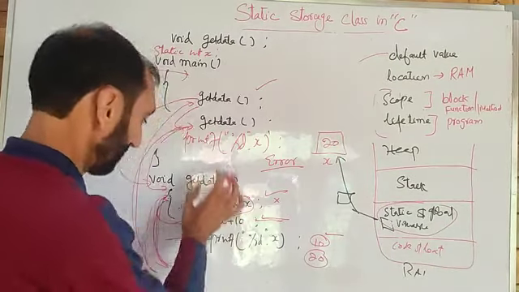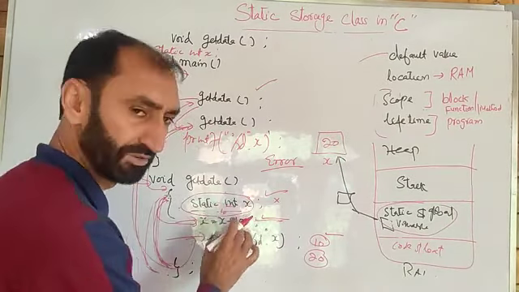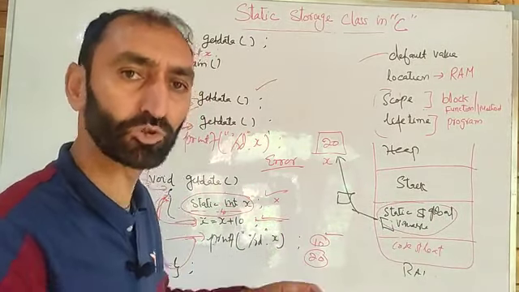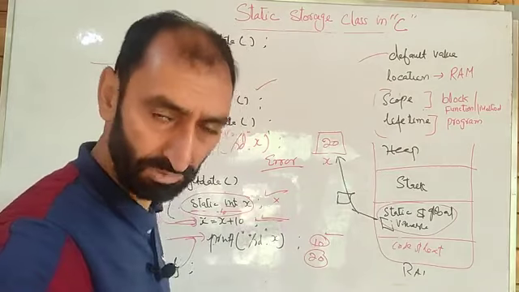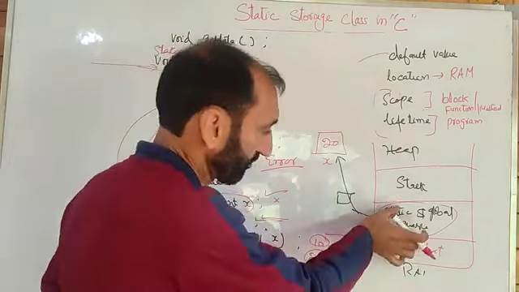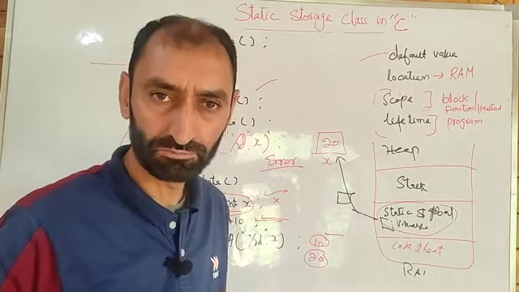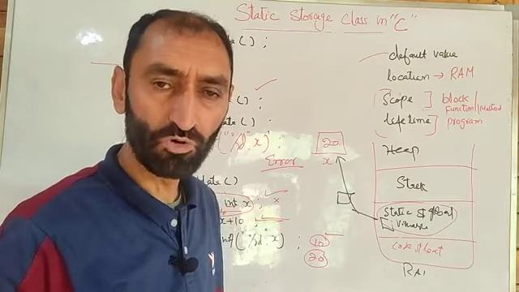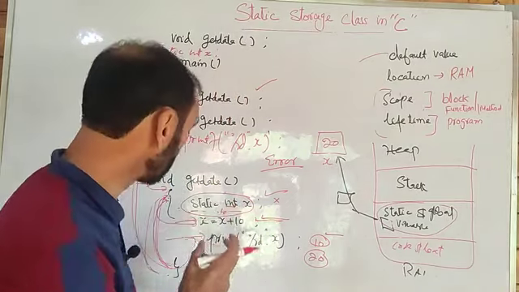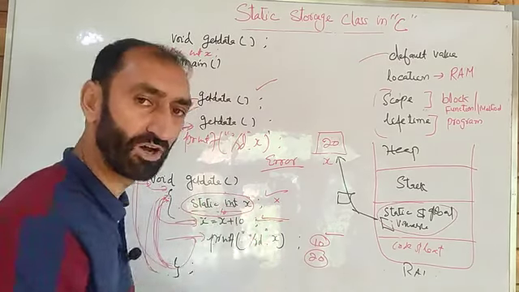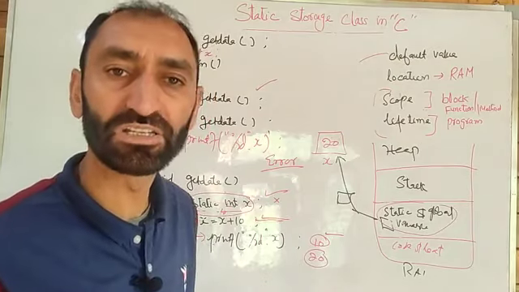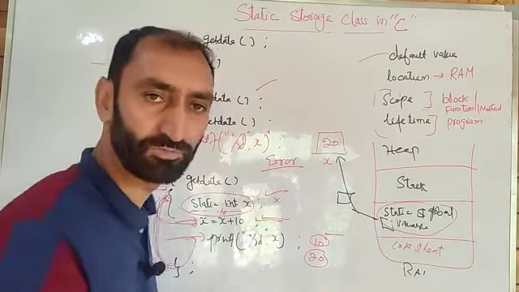If we declare the maximum number of variables as static, it will result in wastage of memory because the memory will be held throughout the program. Before exiting from the program, we cannot release the memory that has been allocated from this portion of the memory. So we must avoid this and use the static storage class only when it is very important for us to use it. Otherwise, we must avoid using the static storage class for variables.